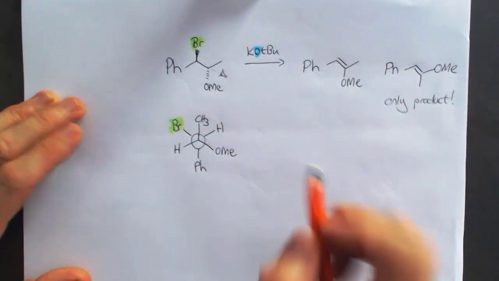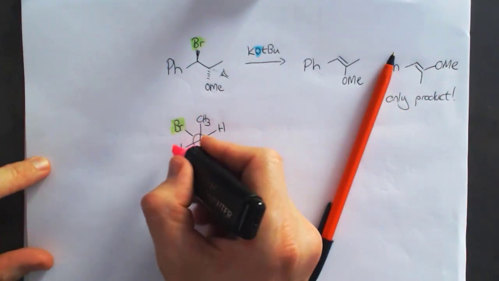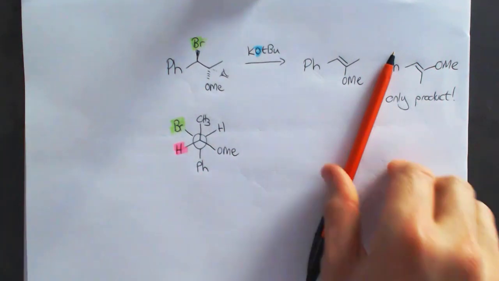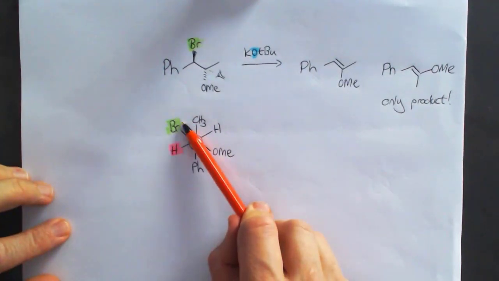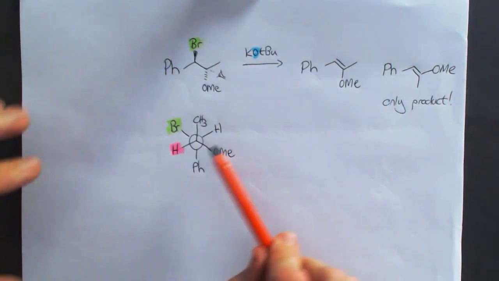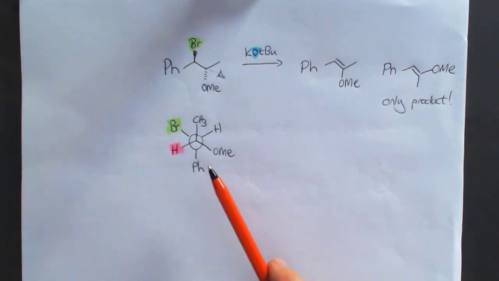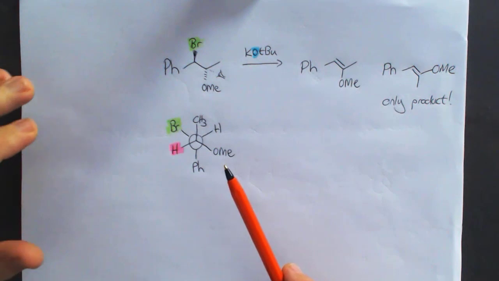And if I look at this Newman projection over here, I have one serious problem in terms of what's going on. The bromine, the leaving group, and the proton are not anti-periplanar. This conformation that I've drawn over here will not result in an elimination reaction. All right, that's quite important to realize.